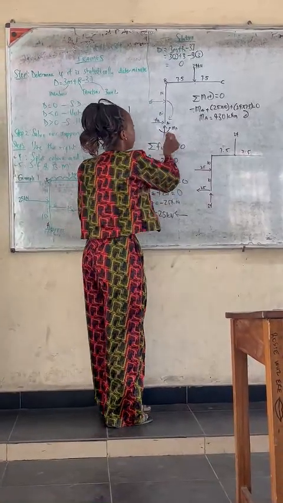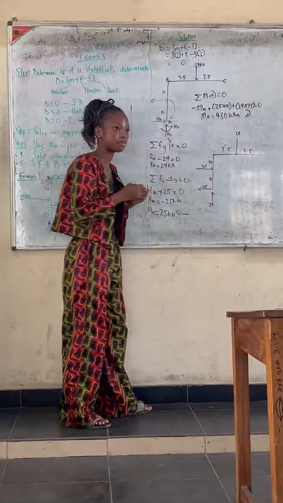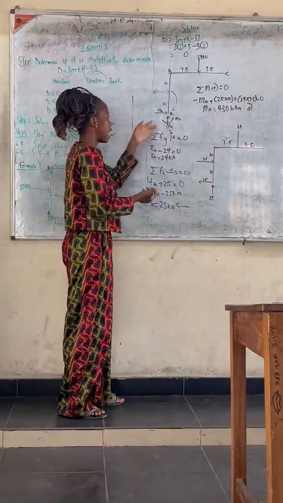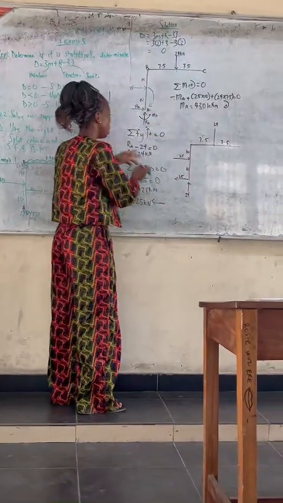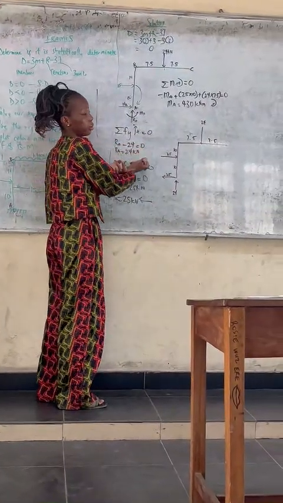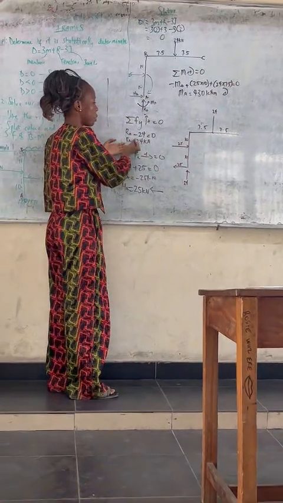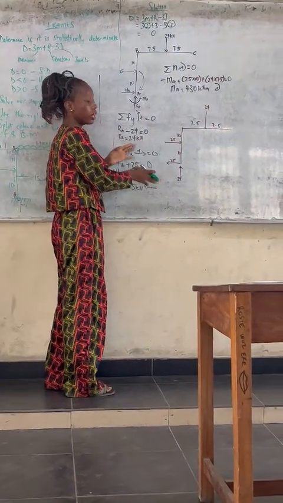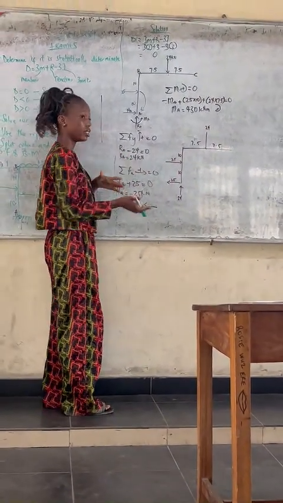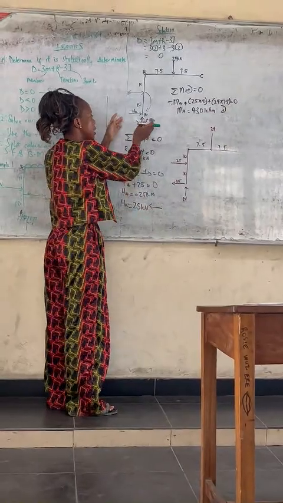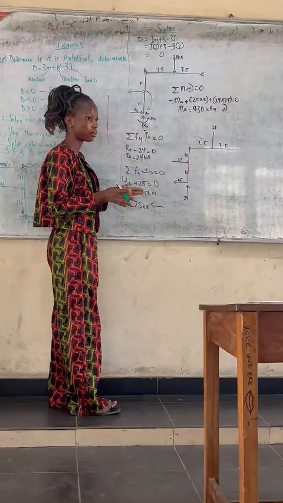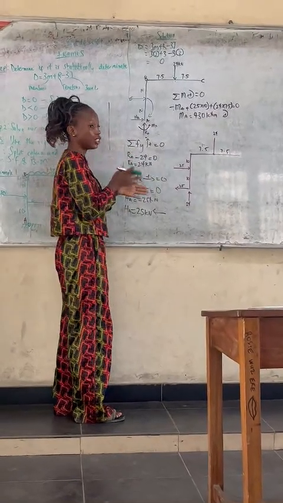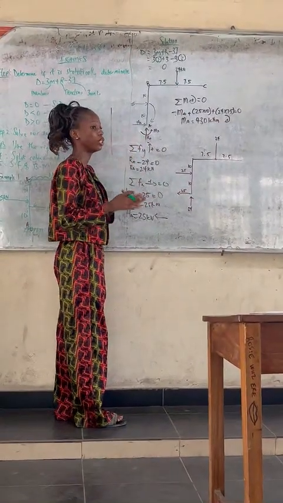We only have RA and 24. RA is going up, positive sign; 24 is coming down, minus 24 equals 0. So RA is 24. The fact that RA came out positive tells us that the direction we chose for RA is correct. That means RA is actually going in the upward direction.